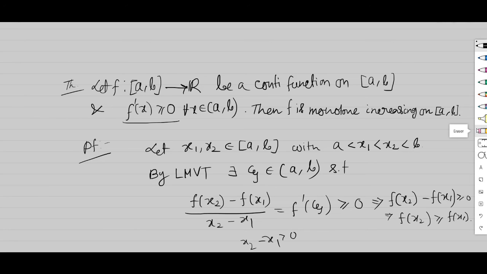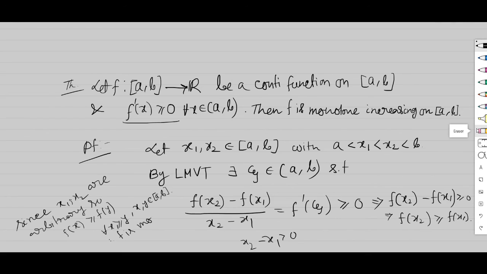Since x1, x2 are arbitrary, f(x) is greater or equal to f(y) for each x, y in the closed interval a comma b. So f is monotone increasing.